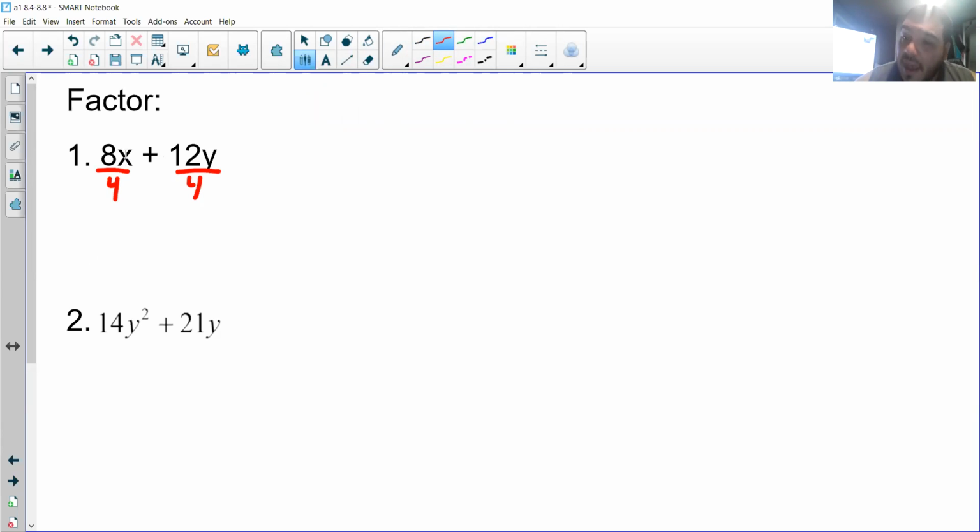They don't have an x in common, so I cannot factor an x. They don't have a y in common, so I cannot factor a y. Which means if I take this out, it will be 4. What's left inside? 8 divided by 4, 2x. 12 divided by 4, 3y.